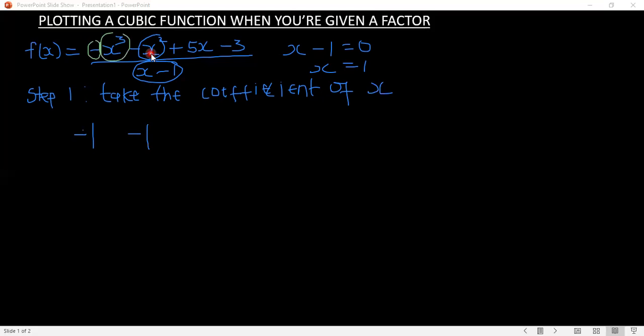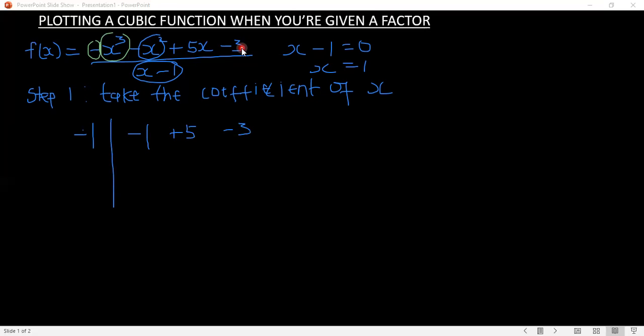Take minus 1. Then what about here? The coefficient of x here is positive 5. The number that is attached to x, we call it a coefficient. Then there is a constant. As you can see, this one is the constant. It's negative 3.